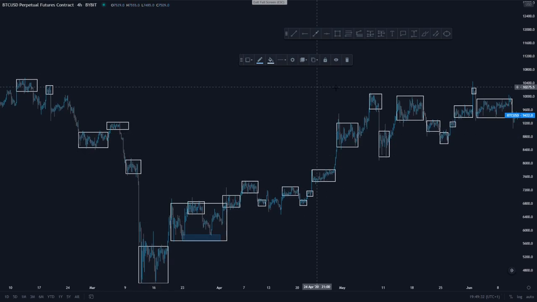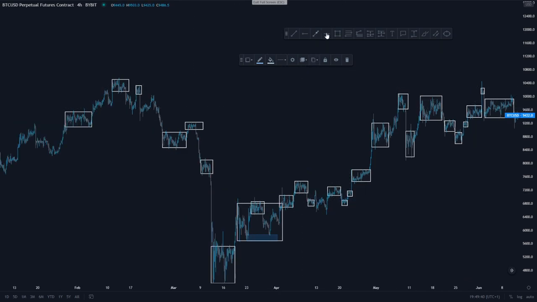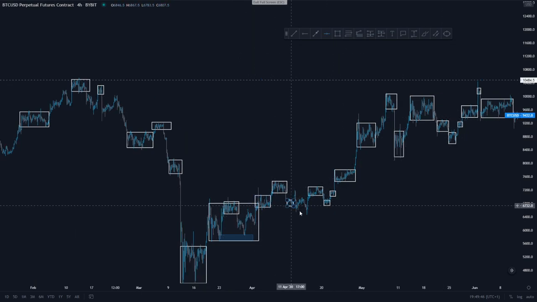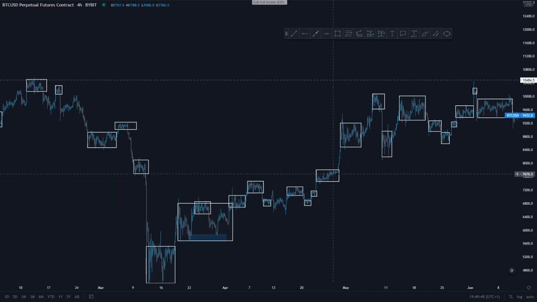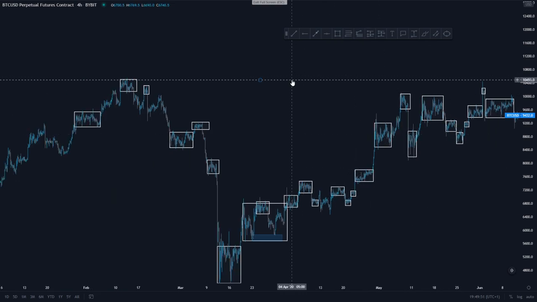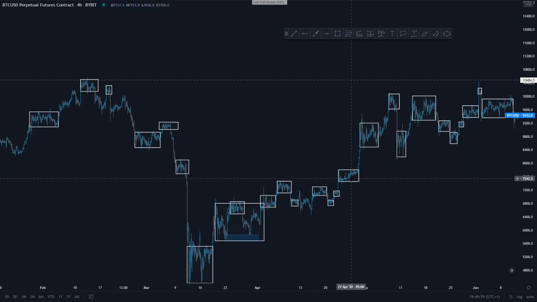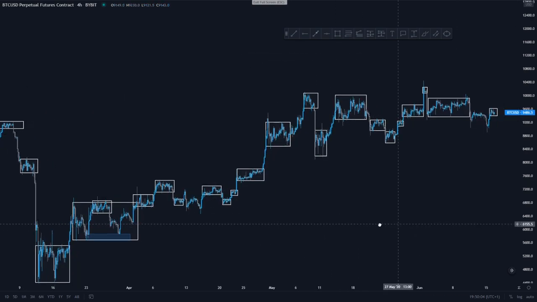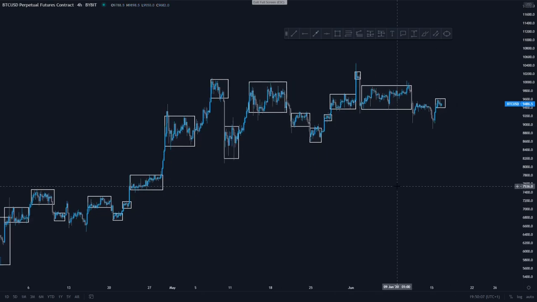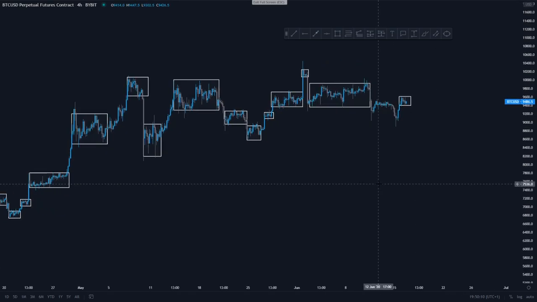But when you have no resistance on the daily, let's say the price is here, and on the daily or weekly the next resistance is here, what you can then anticipate is that the price will continue to go up, and you can have the bias that the price will continue to go higher, and you can try to long the consolidations until you have reached the higher time frame zone of resistance or supply, and then you have to be careful.